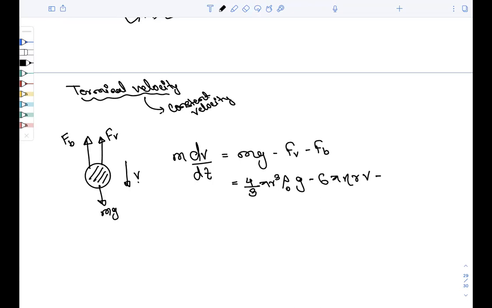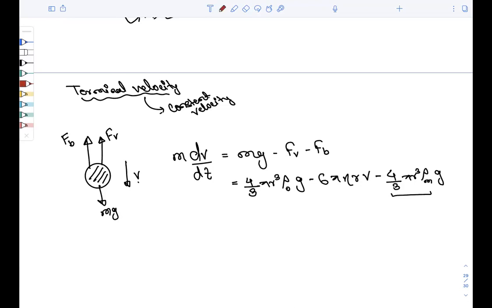So weight of fluid displaced equals the mass of fluid displaced into gravity, and mass of fluid displaced equals the volume of the object multiplied with the density of the medium, into g.